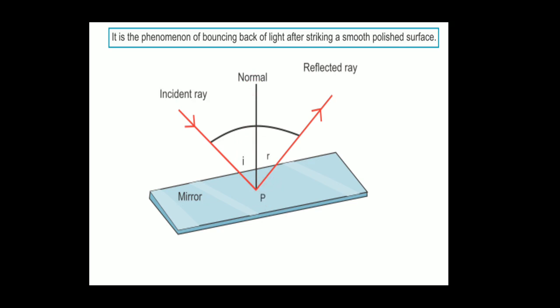According to the second law, the incident ray, the reflected ray, and the normal all meet at a point, and they lie in the same plane. This is the second one.